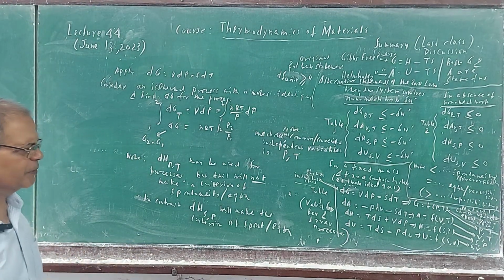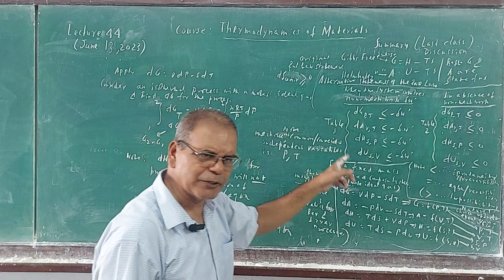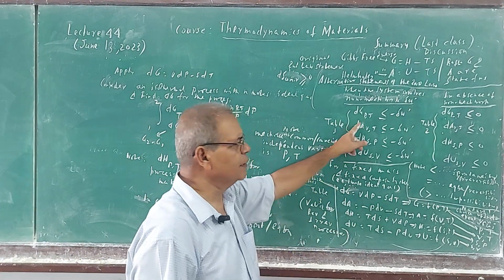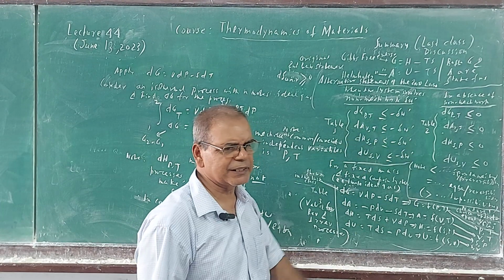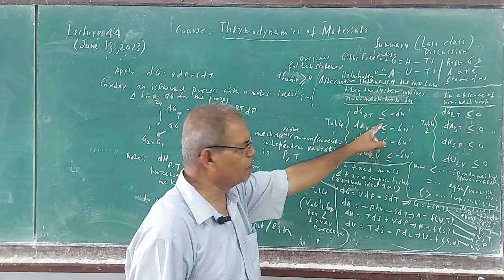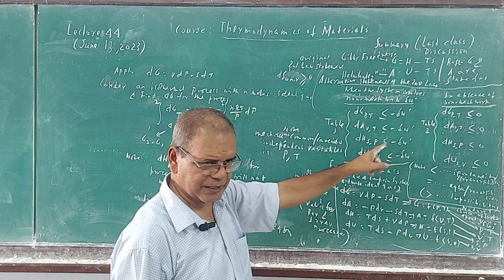So another question, a critical question. This is also an assignment question I am covering here. See, dG at constant pressure and temperature is less than minus dW prime for irreversible, and equal to minus dW prime for reversible. Follow the question, don't avoid answering.